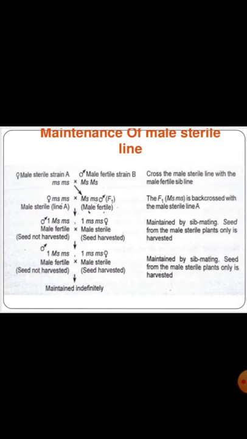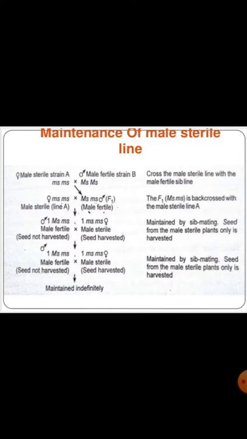In this case, as you can see here, after F1 is crossed with the small ms male sterile line A, we get a 1 to 1 ratio of male fertile and male sterile. Out of these, the seeds are harvested from the male sterile line, which acts as a female.